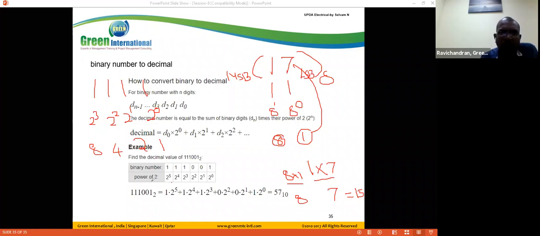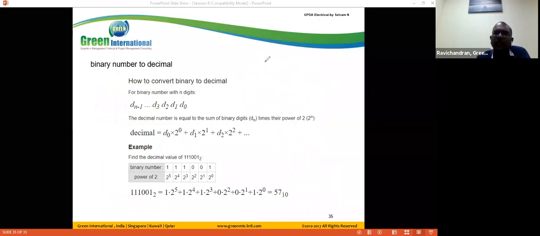Here all the digits are 1: 1 into 1 is 1, 2 into 1 is 2, 4 into 1 is 4, 8 into 1 is 8. That is how we get 15. Suppose a digit has a value of 0, then 2 into 0 is 0, so we have 8 plus 4 is 12, plus 1 is 13. Similarly, for example, say 255.